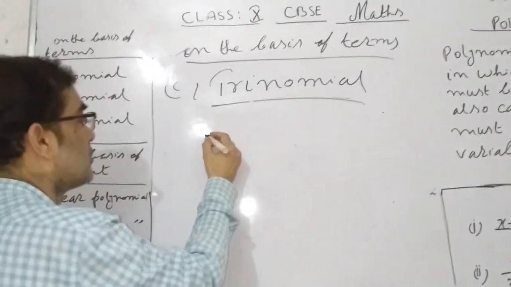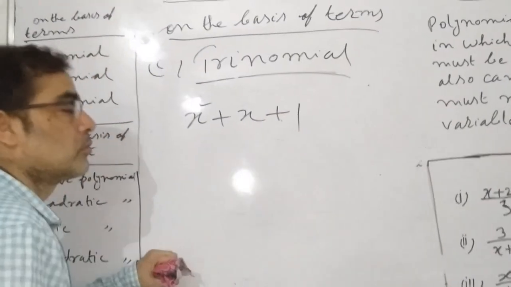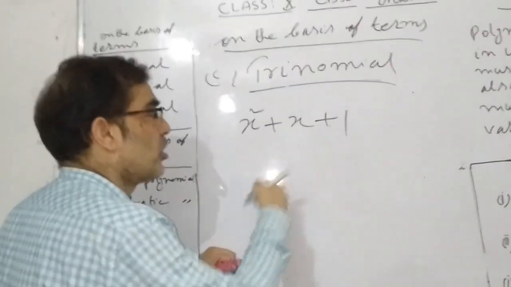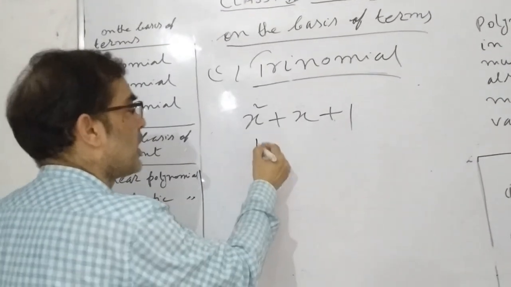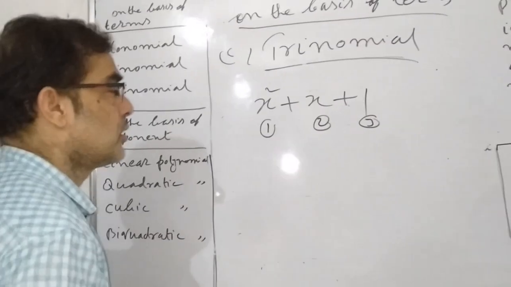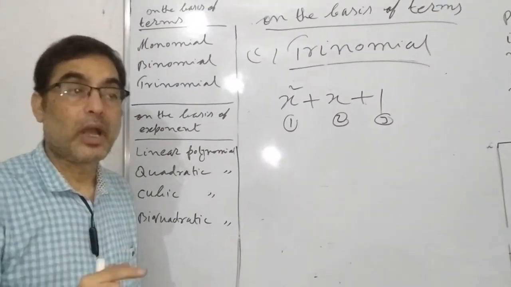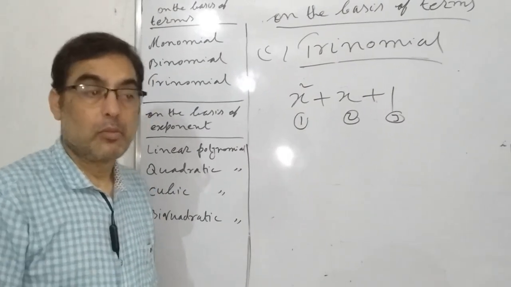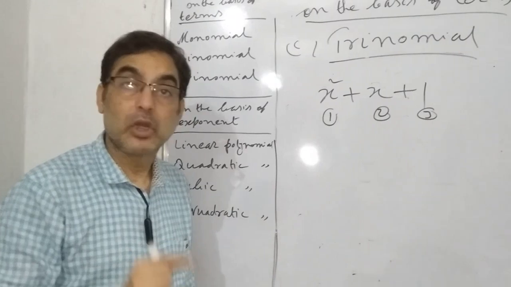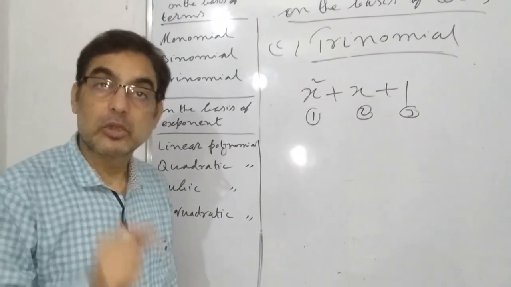Example: x square plus x plus 1 is the example of trinomial because here there are 3 terms, one term, two term, three term. Monomial has one term, binomial has 2 terms, and trinomial has 3 terms.